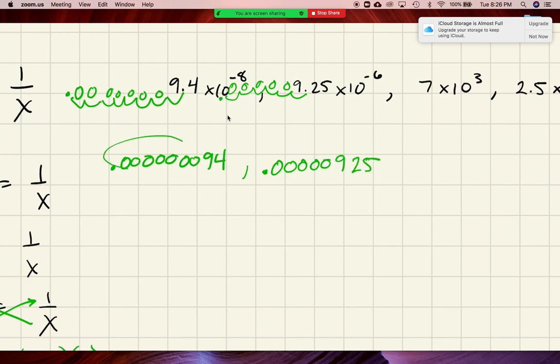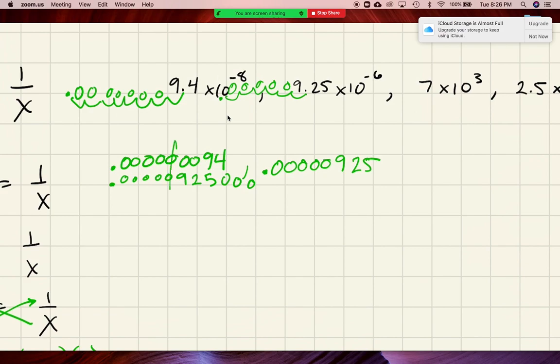So because this has more zeros in front of it, this one is bigger. If you were to compare them, this has 5 zeros, then 9, 2, 5. You can add zeros to the back all day long, it doesn't matter if you add them after the decimal point.